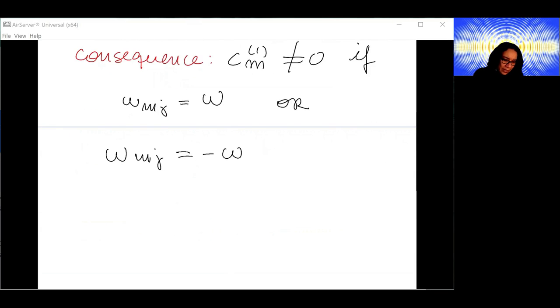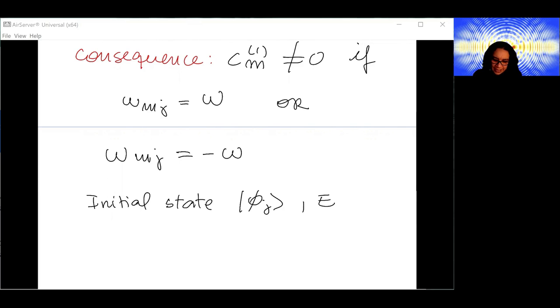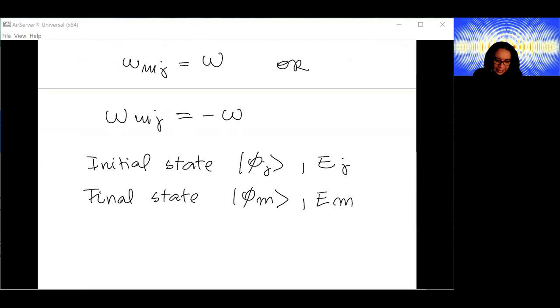So if you recall, you had your initial state, phi j, with energy Ej. Your final state is phi m with energy Em. And we have that this Bohr frequency omega mj is Em minus Ej divided by h bar, correct?